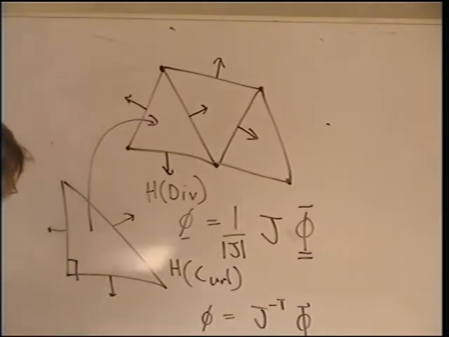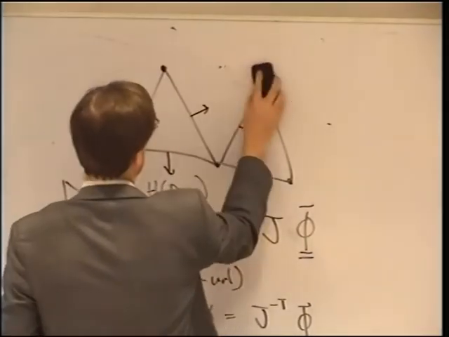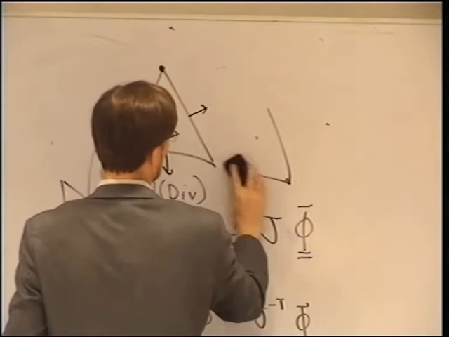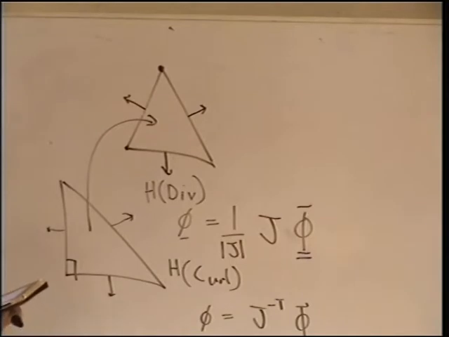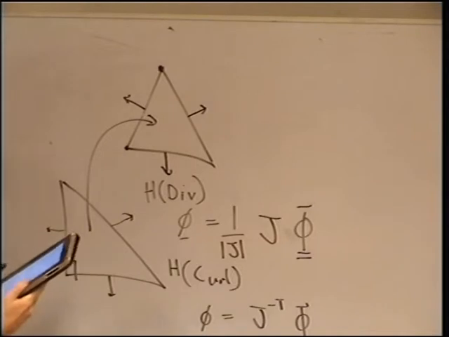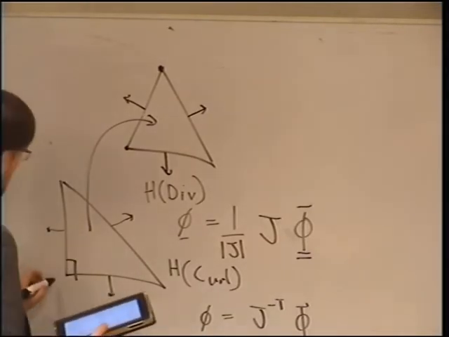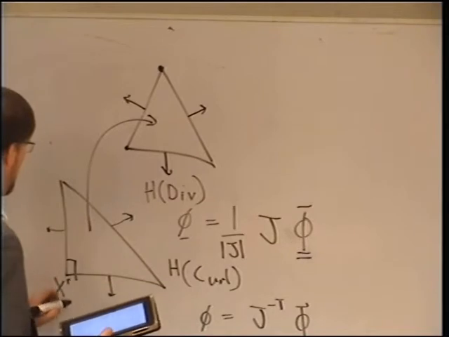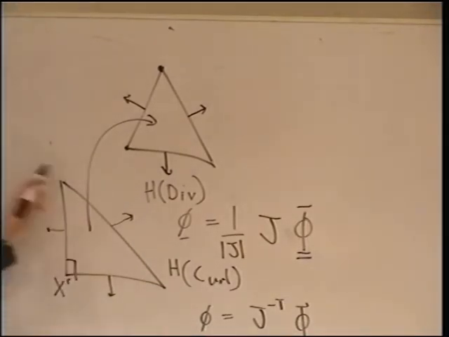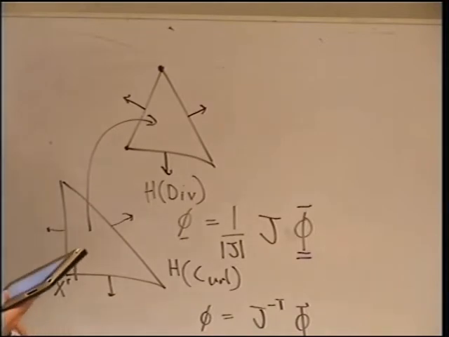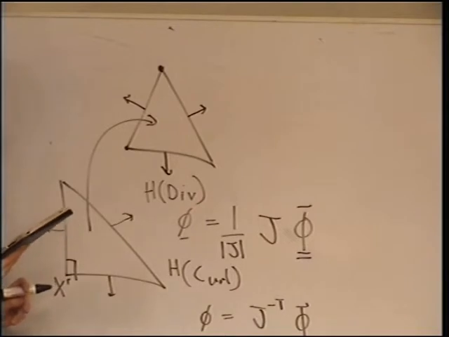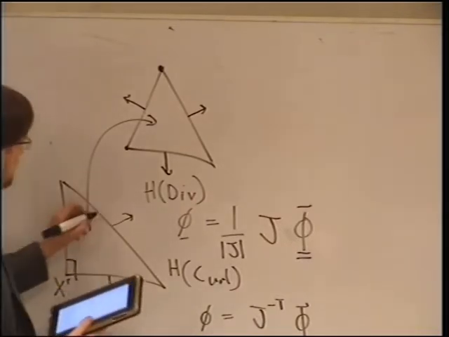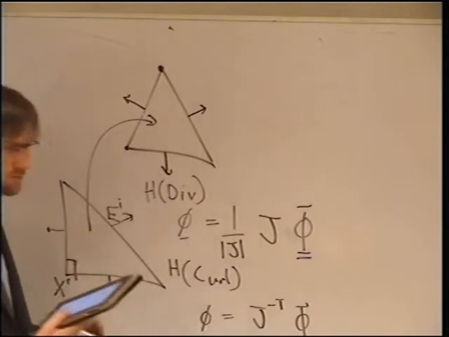So what we can do is, let's just take ourselves back to one triangle over here. So if we start with the reference triangle, the reference triangle is now going to have vertices x_i, so x0, 1, 2 or x1, 2, 3, depending on whether you like to count in Fortran or C. And it's going to then also have 3 edges, and the edges are going to be called i.